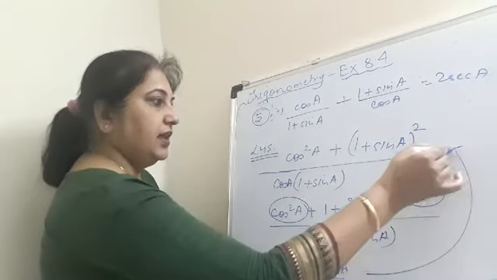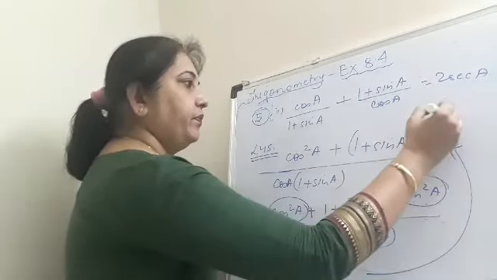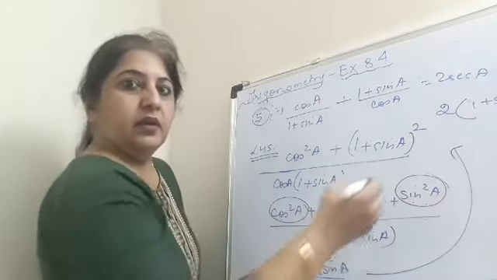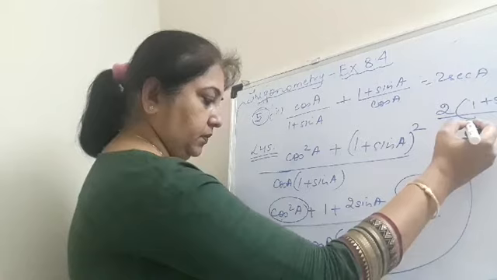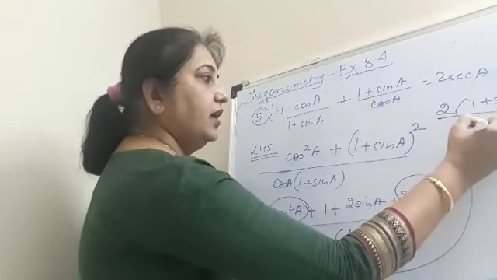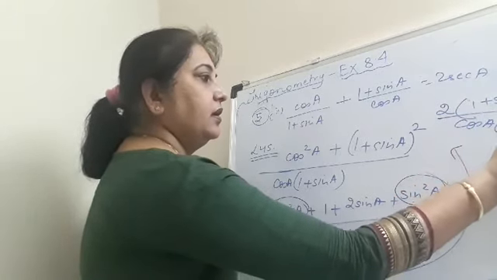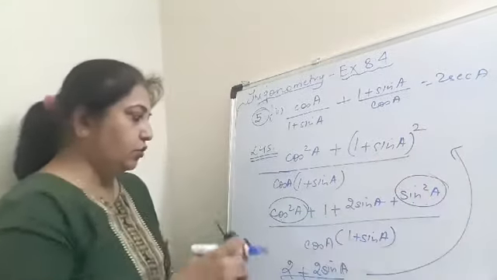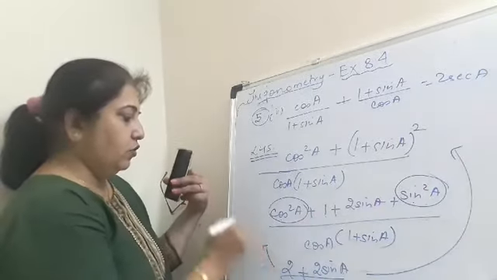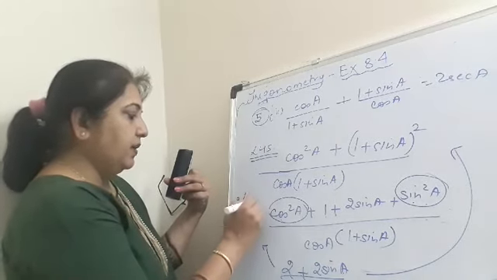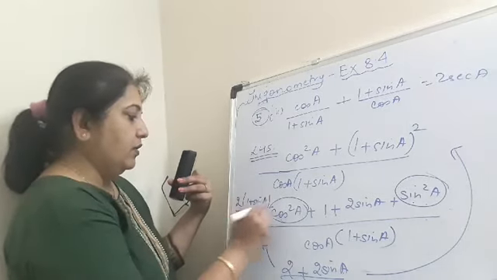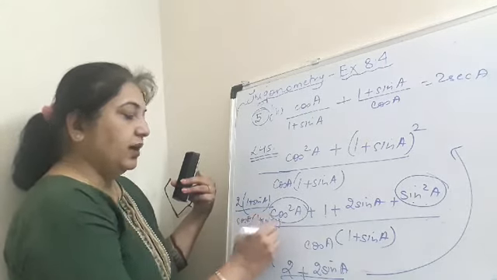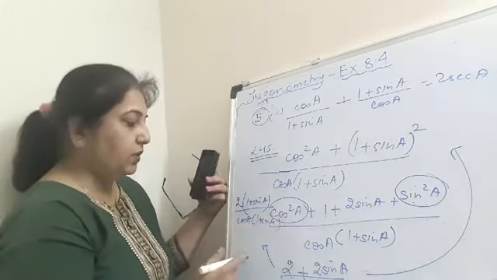Now here you can see that 2 is common. 1 plus sin A will be in the bracket, upon cos A into 1 plus sin A. You followed what I said? I will take out 2 common, and I will write 1 plus sin A upon cos A into 1 plus sin A. If you can't see my handwriting, you can at least listen to what I am saying.